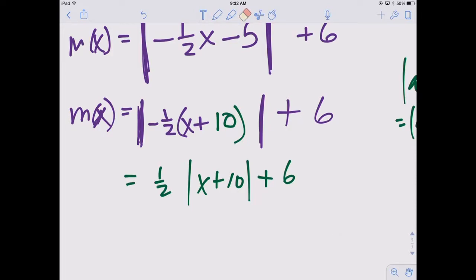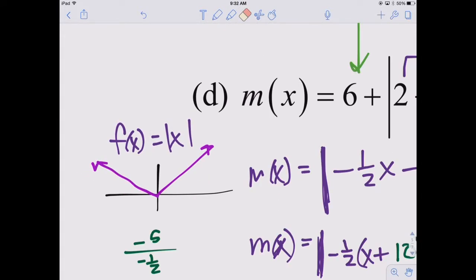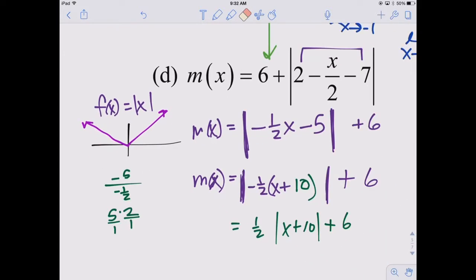So what we could do is we can look at this function any one of two different ways. If you leave it like this first line, this negative on the inside is going to be a what type of reflection? Y-axis reflection. But if you reflect this graph across the y-axis, are you going to see anything? No, it looks the same, right? Because it's what type of function? Even, right? So having it there in the equation doesn't really affect the graph, and that's why we can algebraically also get rid of it.